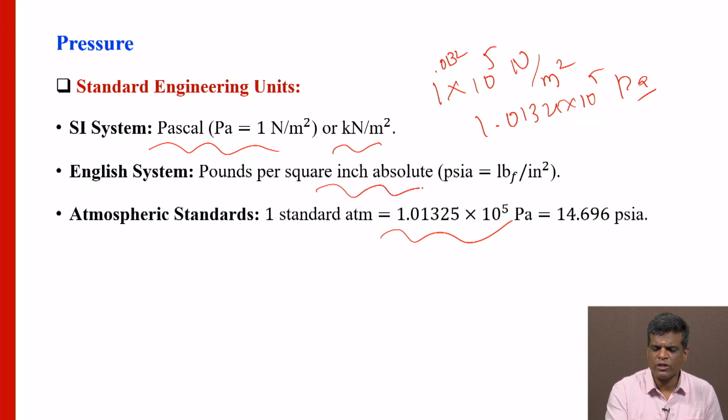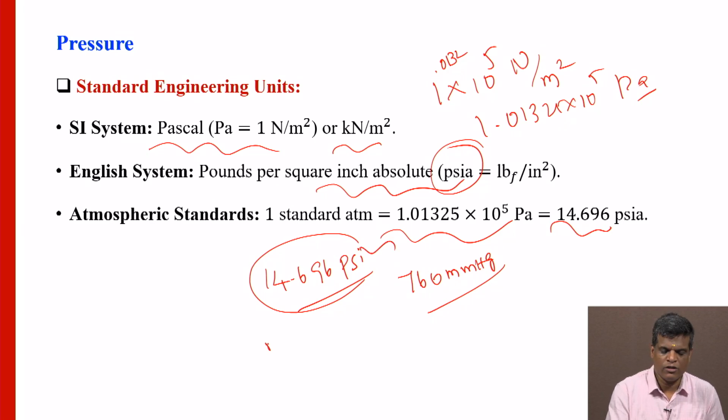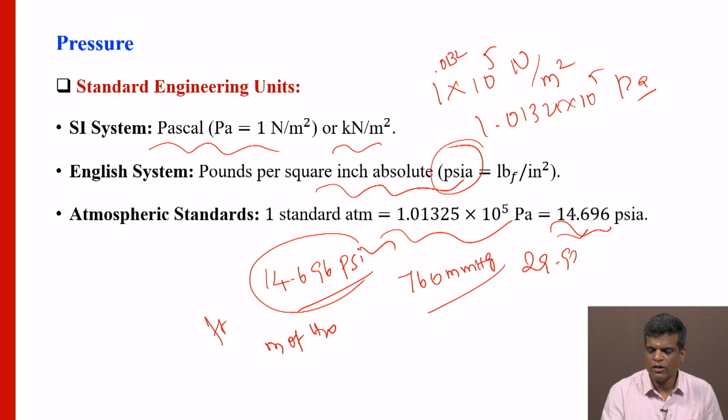Sometimes we use English units also, that is PSIA, 14.696 PSIA. Many other units are there, 760 millimeter mercury, then torr, the PSI units, the meter of water, the feet of water, and in terms of inches of mercury, 29.92 inches mercury.